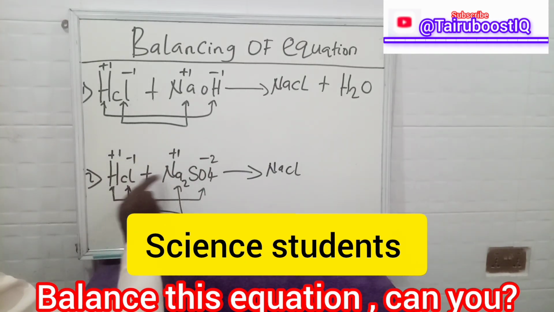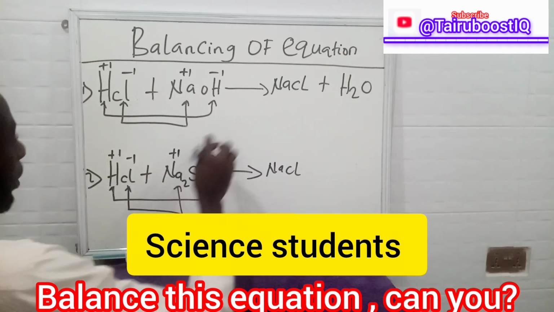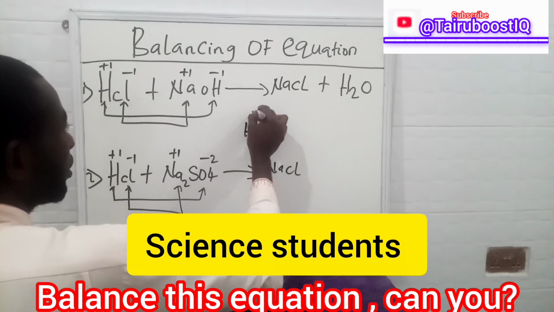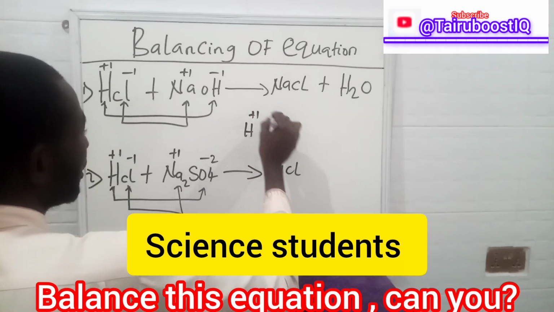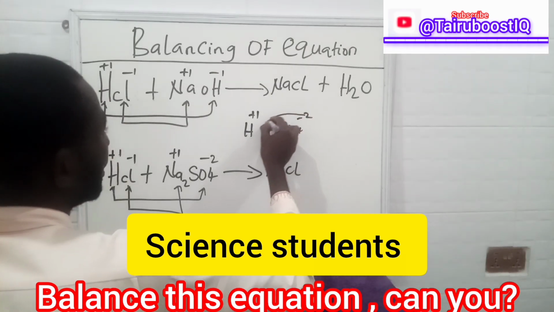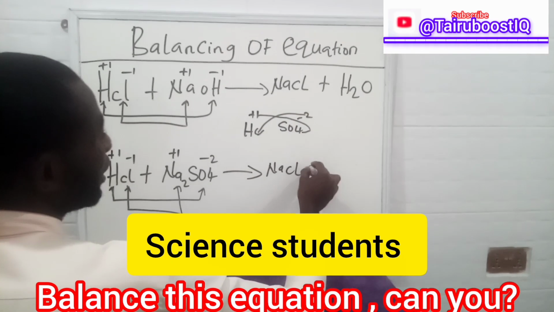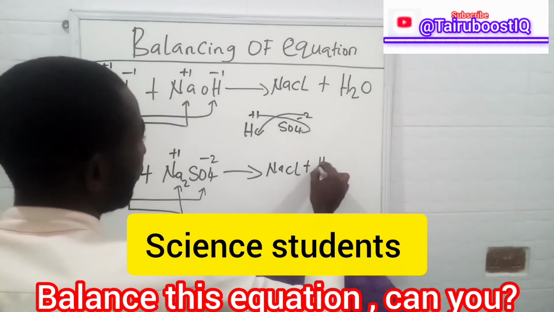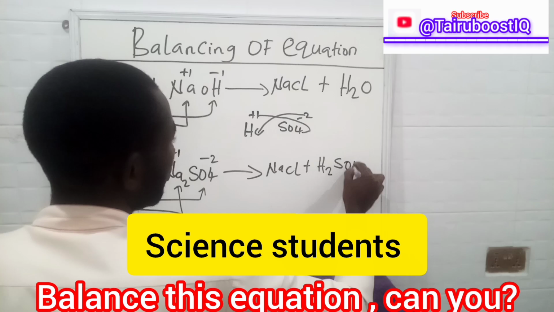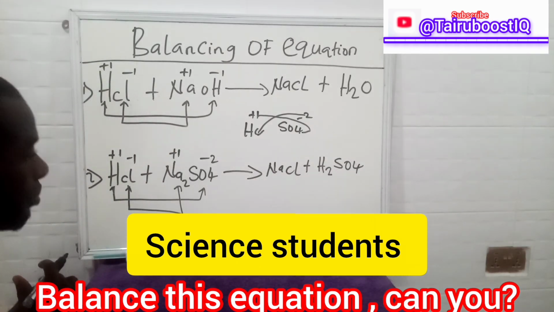We are going to have NaCl and hydrogen is positive, then SO4 is negative. This 2 that is here will come to this side, and this one will come to this side. When they exchange their valency, we are going to have H2SO4, which is tetraoxosulfate(VI) acid.